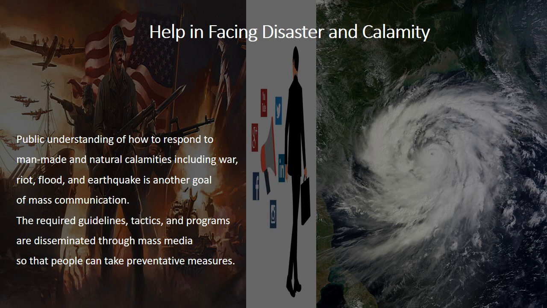In times of crisis, mass communication guides the masses. They require guidelines, tactics, and programs disseminated through mass media. It is again no one but the mass media who is crafting this message for the audience in a systematic way.